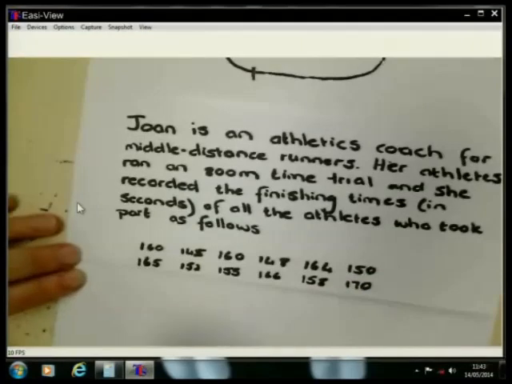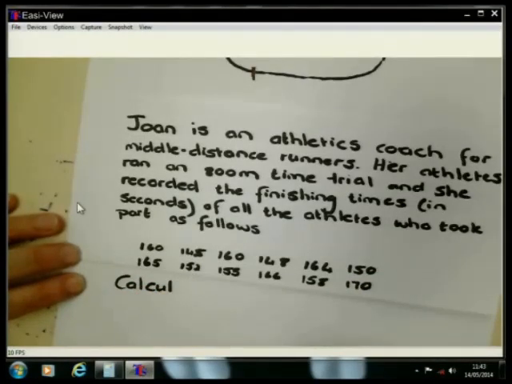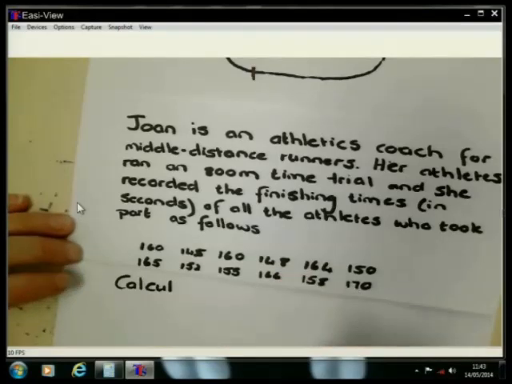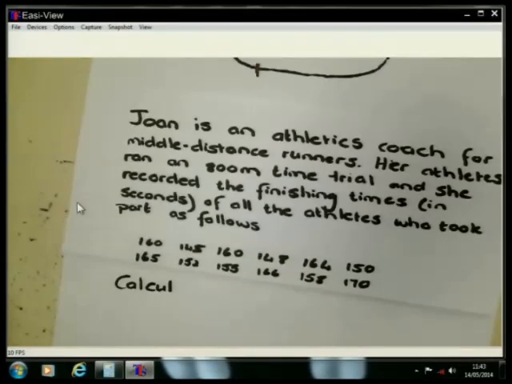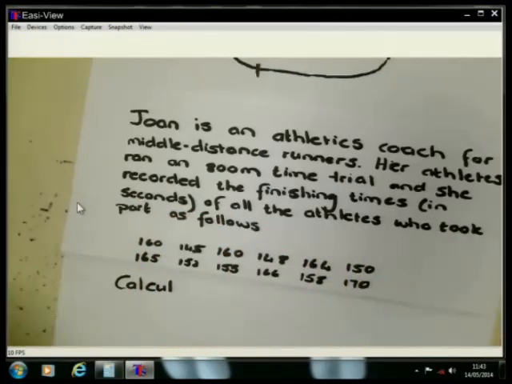Now, just to make sure that you know, some people refer to the mean as the average. What does that mean if we are calculating the mean, or then the average? It means that if all these athletes that were running, all 2, 4, 6, 8, 10, 12 of them, were running that 800 meter in the same time, it would have been the time of the mean.